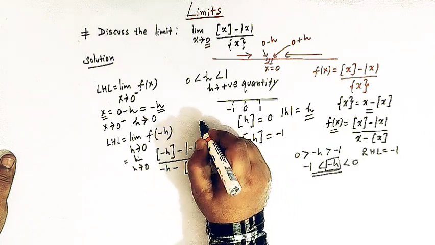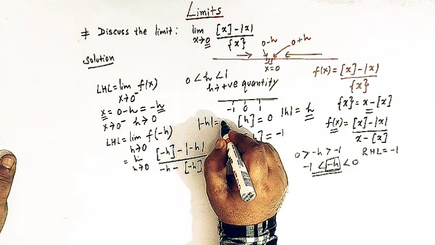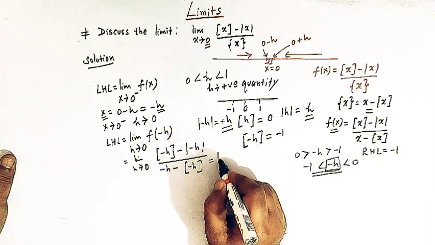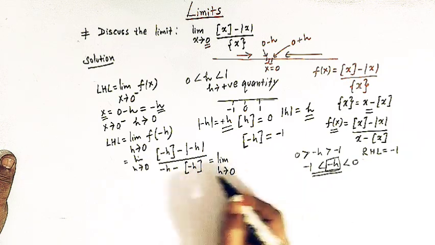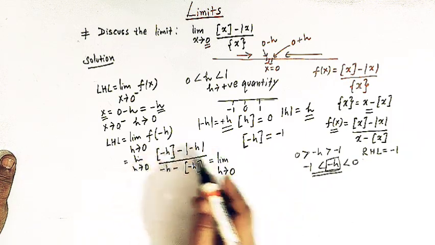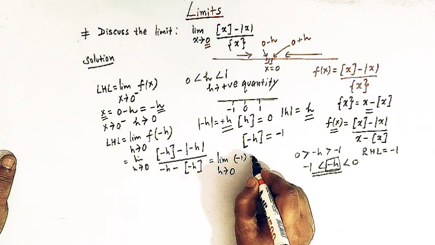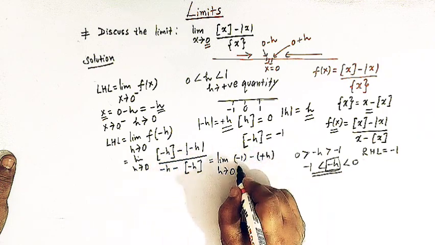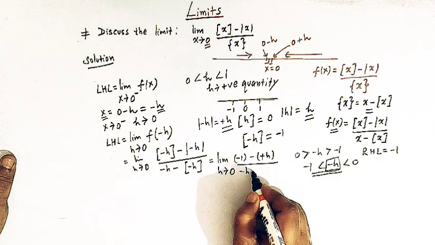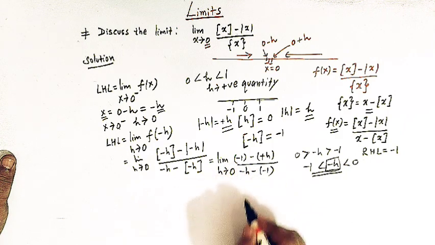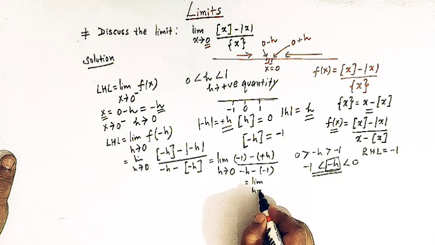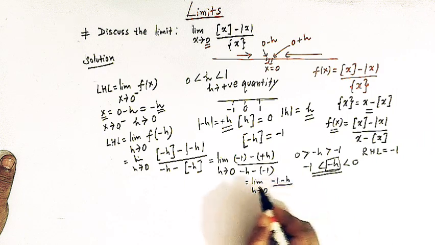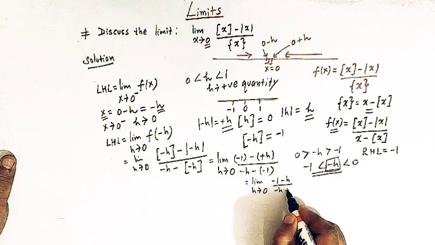And here we have mod of minus h, which is simply a positive h, right? So now this limit takes the form limit h tends to 0, and for greatest integer of minus h we have minus 1, and here we have minus, and for mod of minus h we have positive h, divided by minus h, and here we have minus 1, right? So we have limit h tends to 0 of minus 1 minus h, divided by minus h plus 1, right?